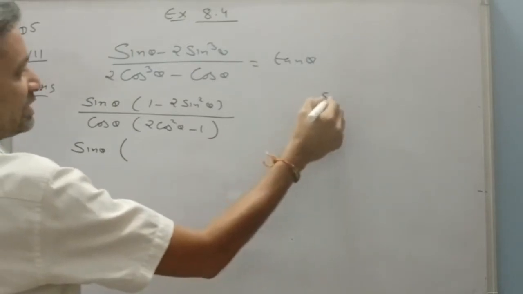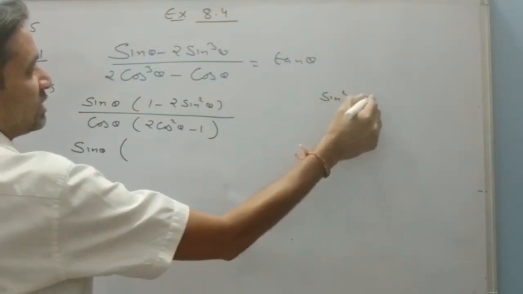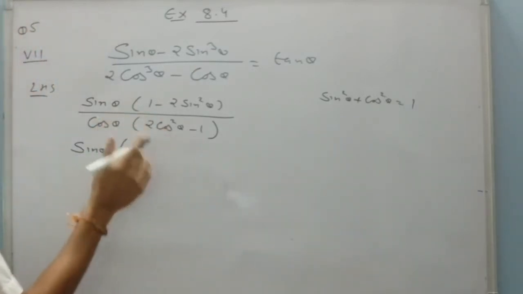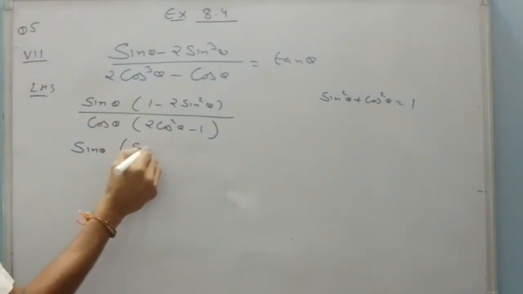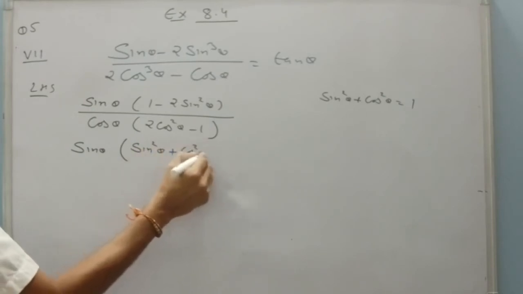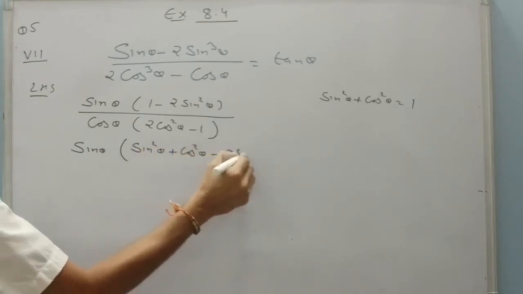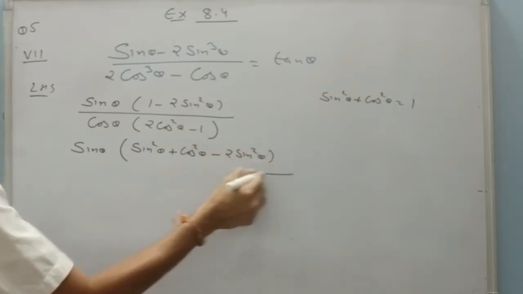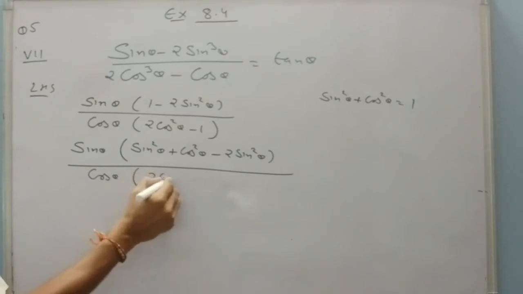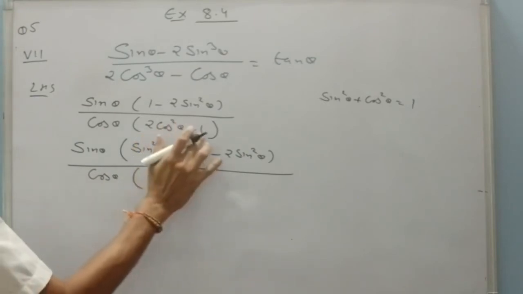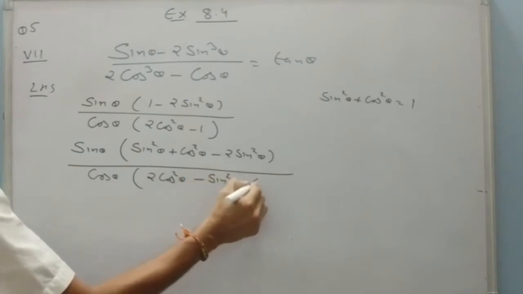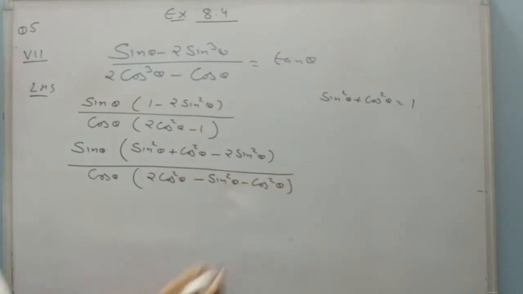I know that sine square plus cos square is always equal to 1. So I change this 1 as sine square theta plus cos square theta, minus 2 sine square theta as it is. Similarly, in the denominator, this 2 cos square theta stays as it is, and this 1 will change as minus sine square theta minus cos square theta.